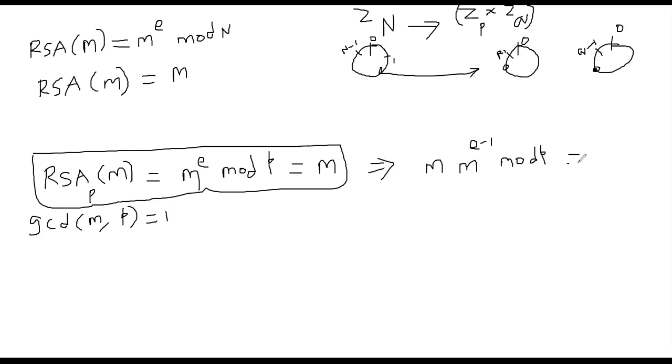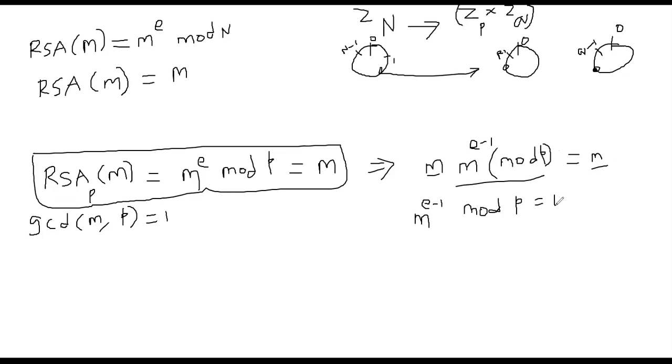I just rewrote the m power e as follows. Since you see m here and an m here, what it means is that this component must be 1, otherwise you will not get an m there. Now we have a simple situation. You have m power e minus 1 in mod p is 1. All right, this is so far good.